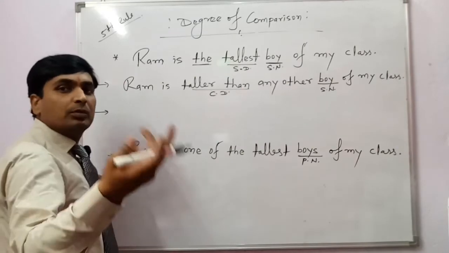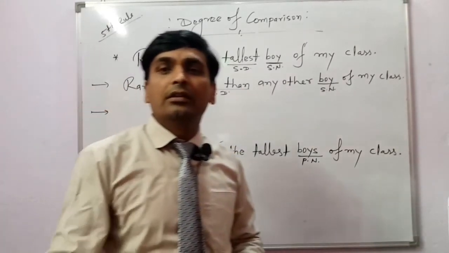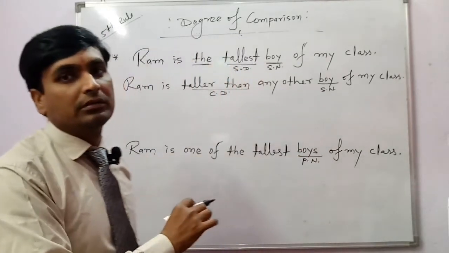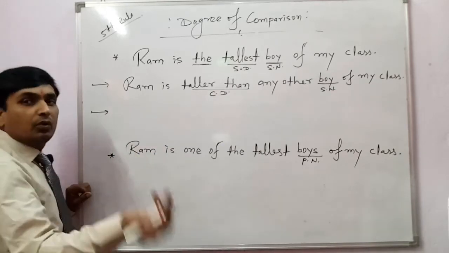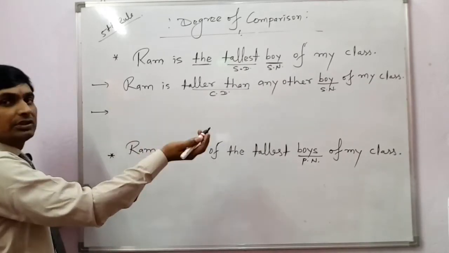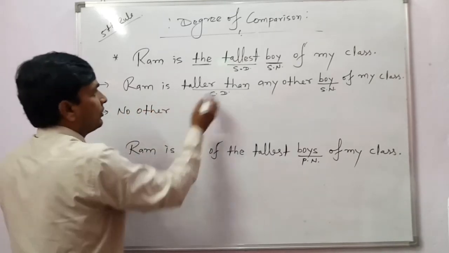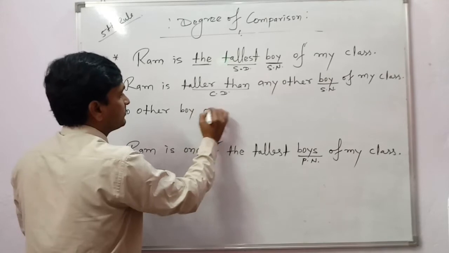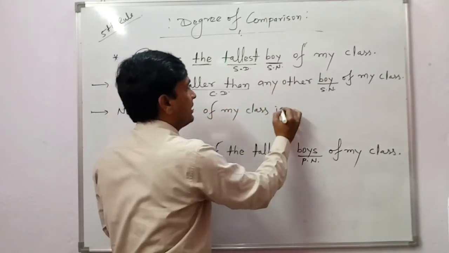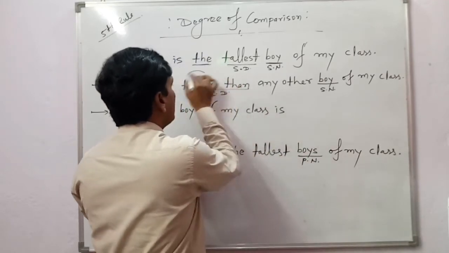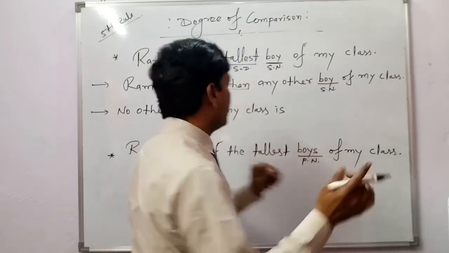So now let's change it into positive degree. How do you have to change it into positive degree? With the help of no other. So here, with the help of no other, we have to change it into positive degree. So it will be changed: no other boy of my class is, and then taller will be inside as, only then it will be positive degree.